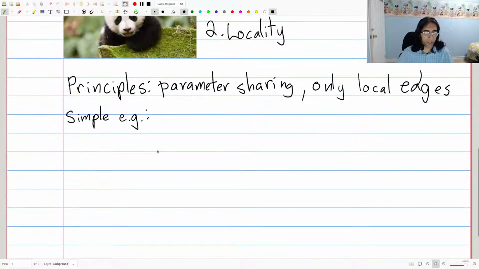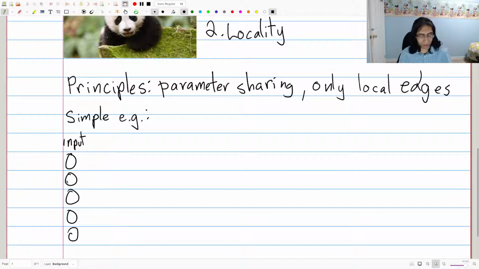I'm going to be very, very simple, like I said. So this left half here is going to be the input, and we're pretending our input is just a 5-dimensional object. Think of this left half as being like a 5 pixel image, and it's a 1D image.